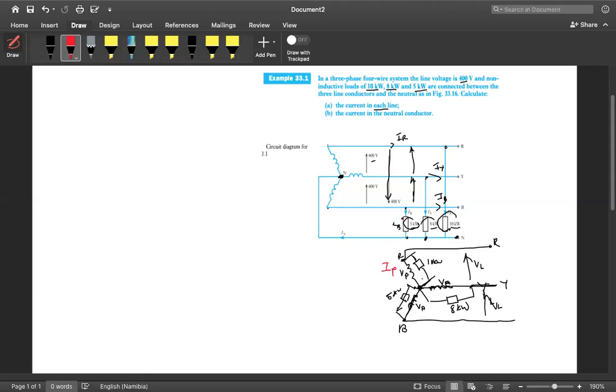Let me just follow this current flowing there through that. So this line I should have just connected like that.